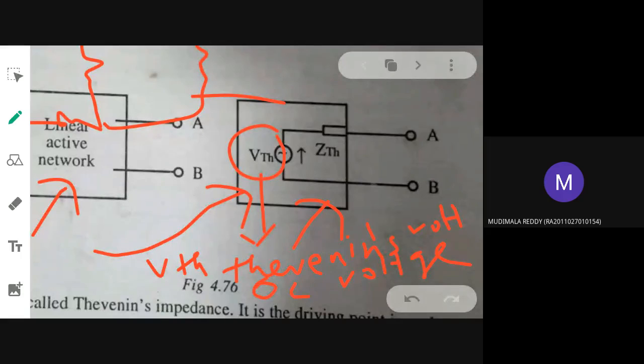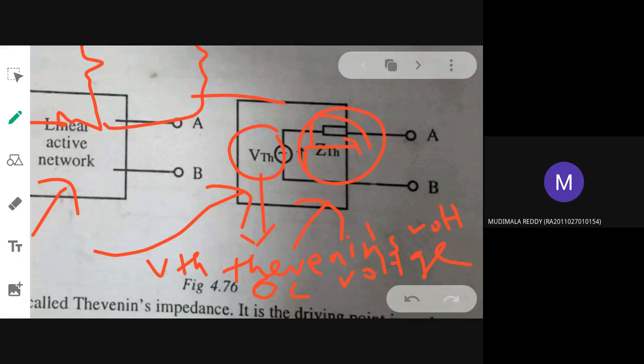Now, what is V Thevenin? It is written on the slide. V Thevenin is Thevenin's voltage or OC voltage. OC voltage means open circuit voltage. It is connected in series with what?